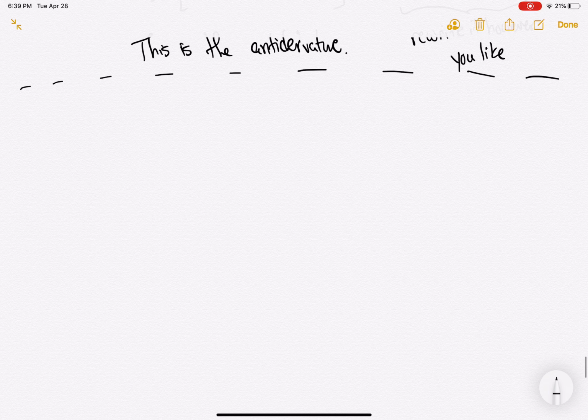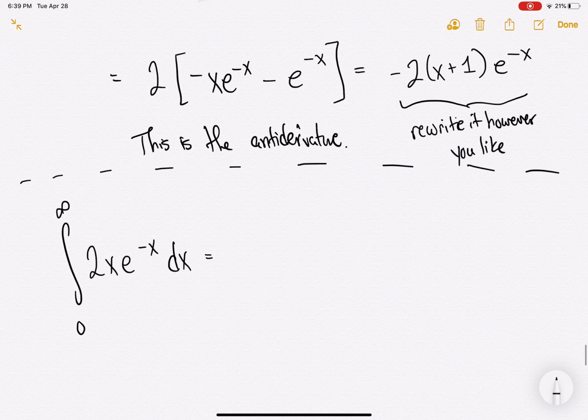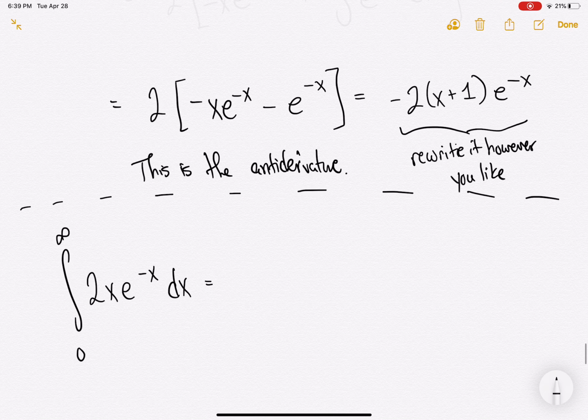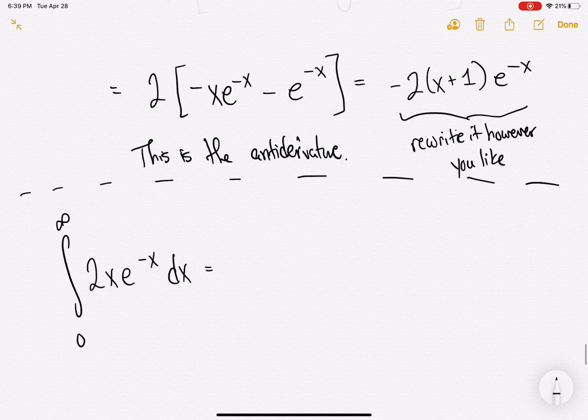So then this integral from 0 to infinity, 2x e to the minus x dx equals the antiderivative evaluated at the bounds.